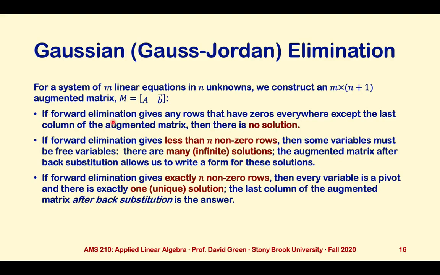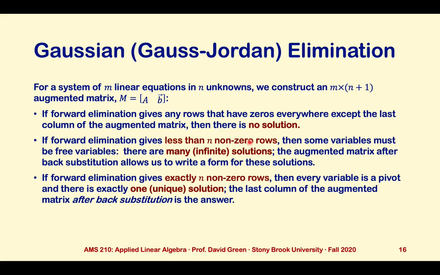If, when we carry through forward elimination, we ever get to a place where there are zeros everywhere in a row except for the last column in the augmented matrix, we know that there must be no solution. That corresponds to a 0 equals something that isn't 0, an inconsistent equation. If forward elimination ends up giving us less than n non-zero rows, then some variables must be free variables.